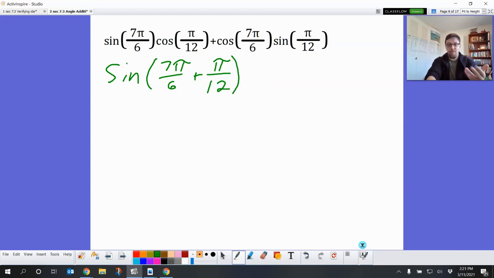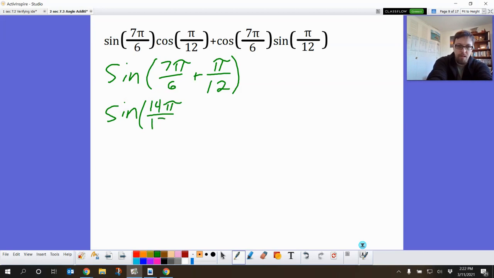Well, I want to add those together, so I better get a common denominator. So that is the sine of 14 pi over 12 plus pi over 12. So then we get the sine of 15 pi over 12.